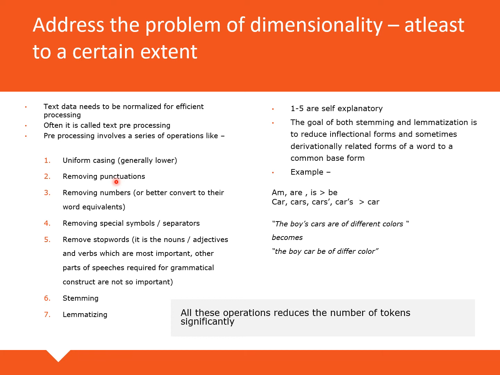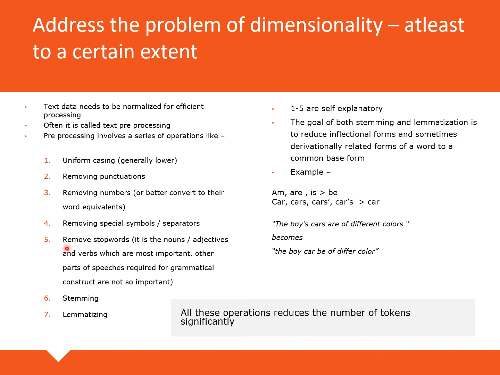A punctuation in isolation means nothing. A comma or a question mark in isolation means nothing. So remove the punctuations. Now, if there are digits or numbers, we can either remove them depending on what kind of use case we are handling, or a better approach is to convert them into their word equivalent. So if I have a digit 1, I can basically convert it to ONE, so on and so forth. But in most cases, you can also remove digits. But again, this will depend on the kind of data and the kind of use case you are handling.